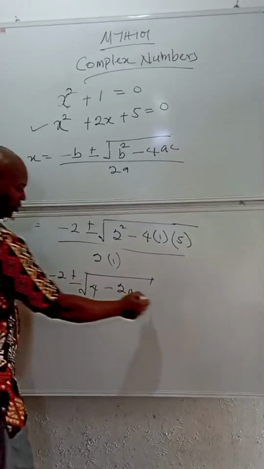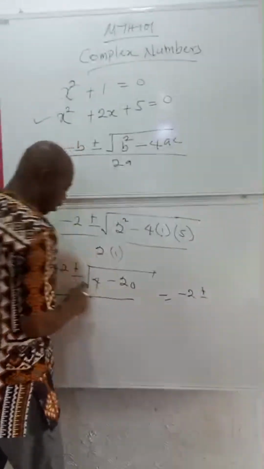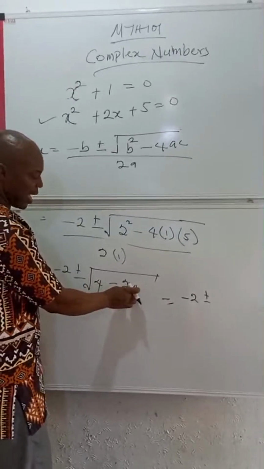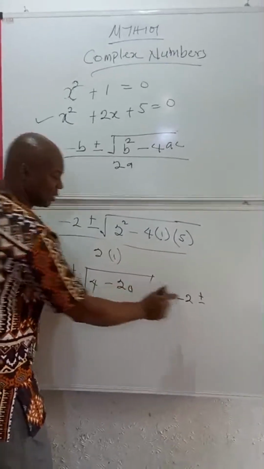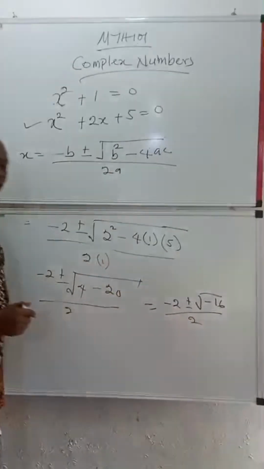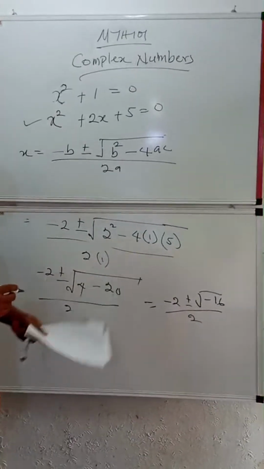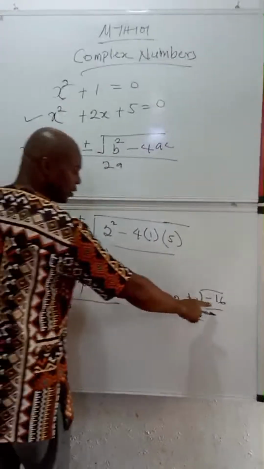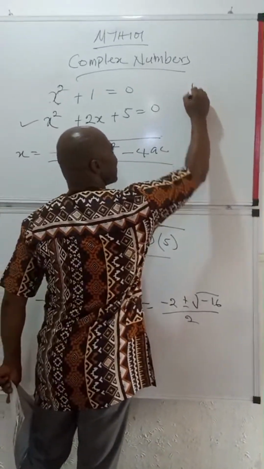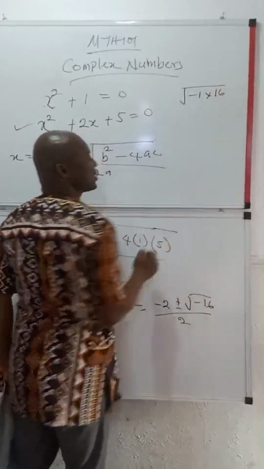Now, this you can also summarize as minus 2 plus or minus the square root of 4 minus 20. The answer here is minus 16, so the square root of minus 16, everything over 2. Now, when we consider surds, you are aware that we can write this as the square root of minus 1 times 16.